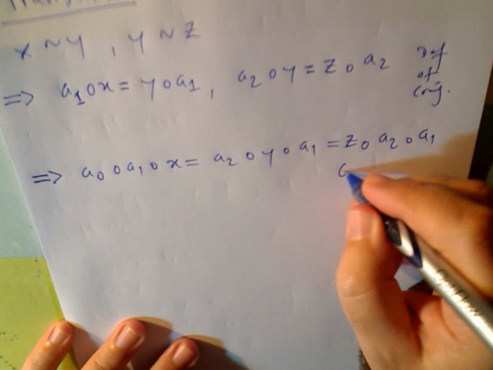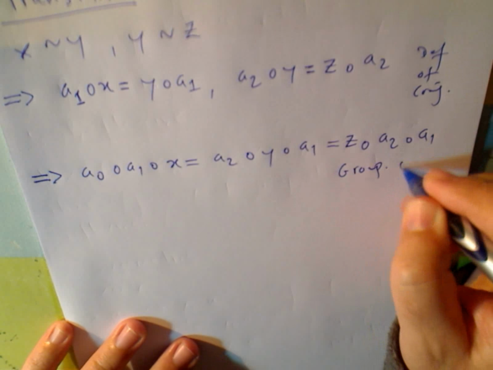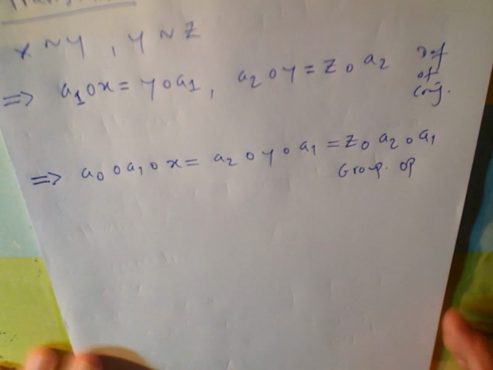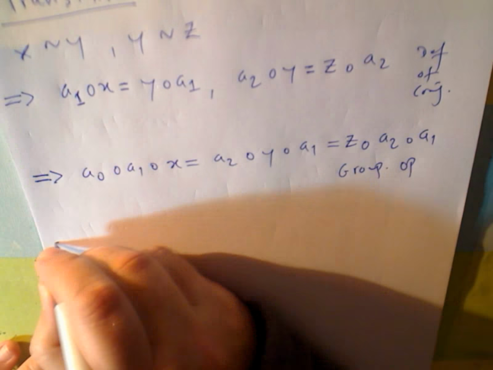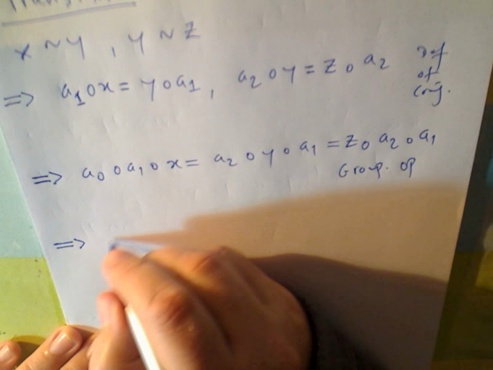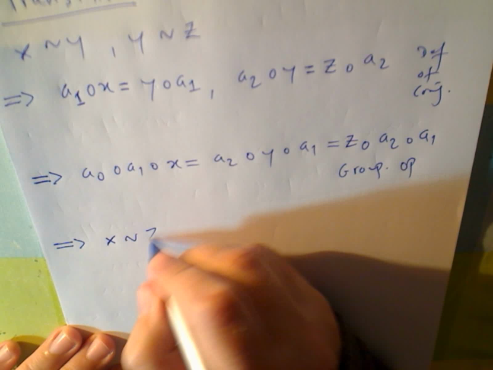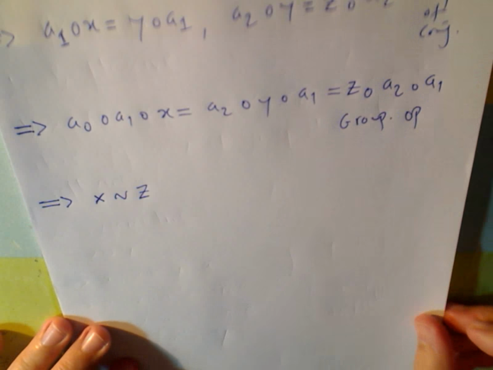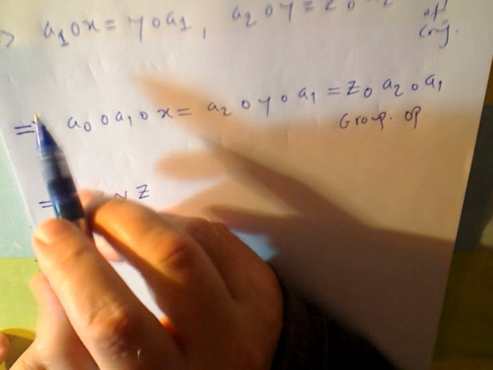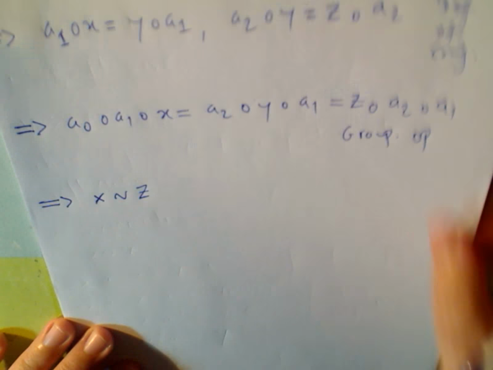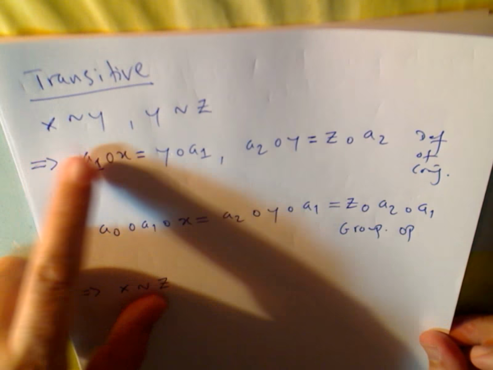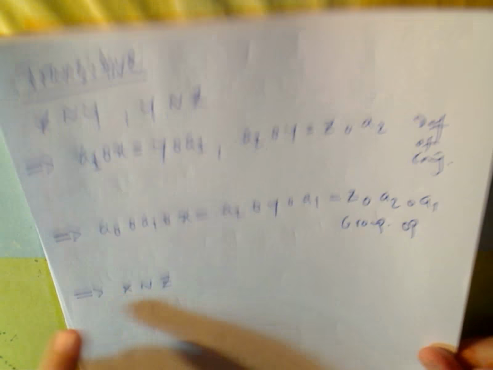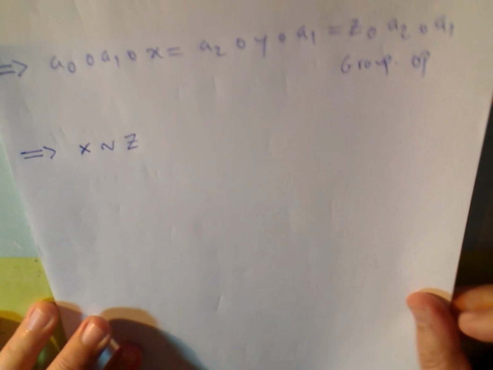Okay, you simply use group operations and you get to this conclusion. It's really easy. So this means that x is conjugate of z. So if x is conjugate of y and y is conjugate of z, x is conjugate of z.